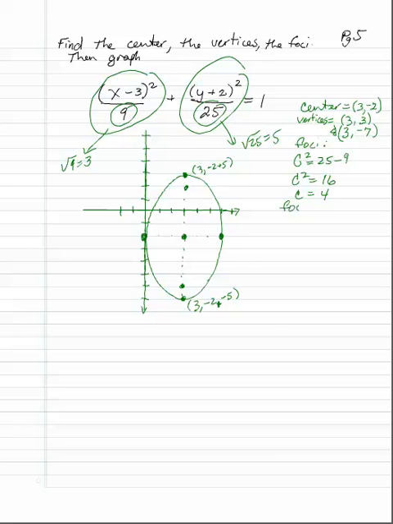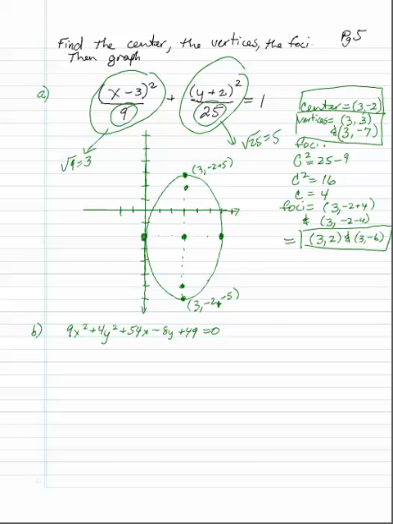So the foci would be 3, -2 plus 4, and 3, -2 minus 4, which equals, of course, 3, 2, and 3, -6. So there's the foci, vertices, center, in the graph.